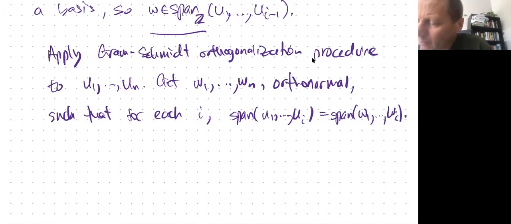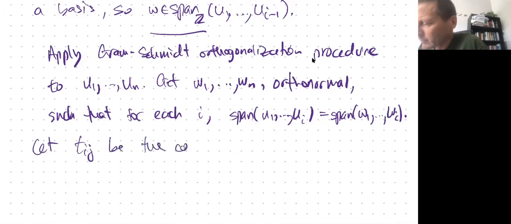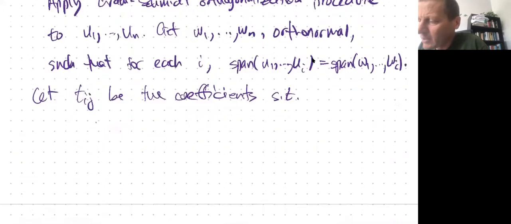And then you can write the Ui's in terms of the Wi's, so there are coefficients Tij satisfying the following.